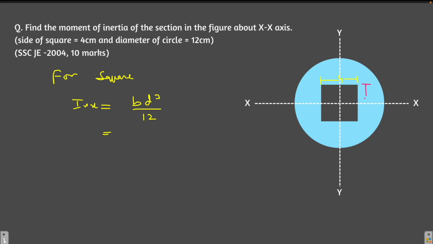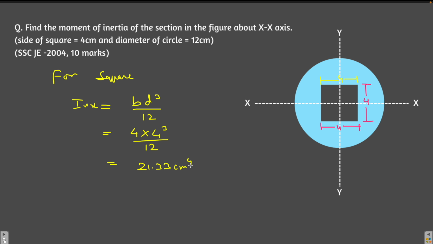So very simple, you have to put these values: breadth is 4 centimeter, depth is also 4 centimeter, by 12. So it will be 21.33 centimeter to the power 4.